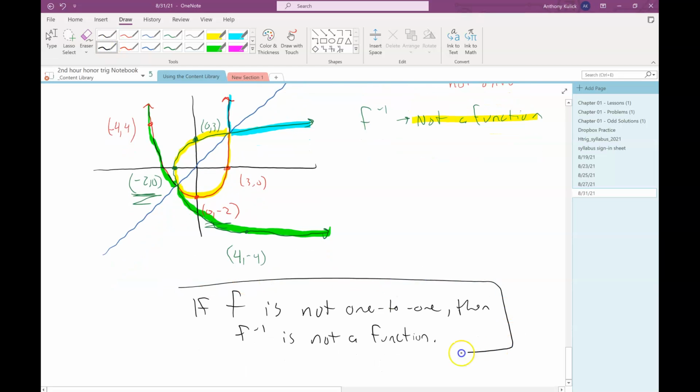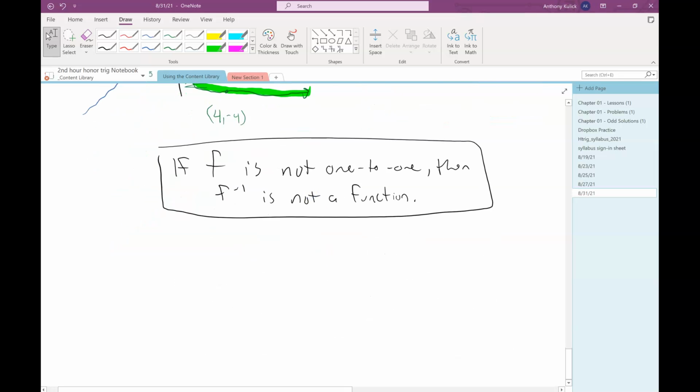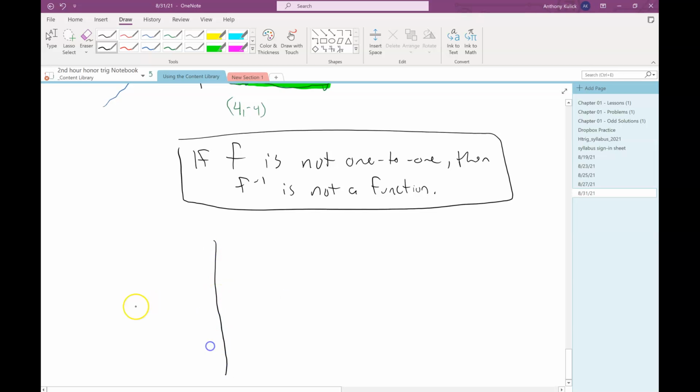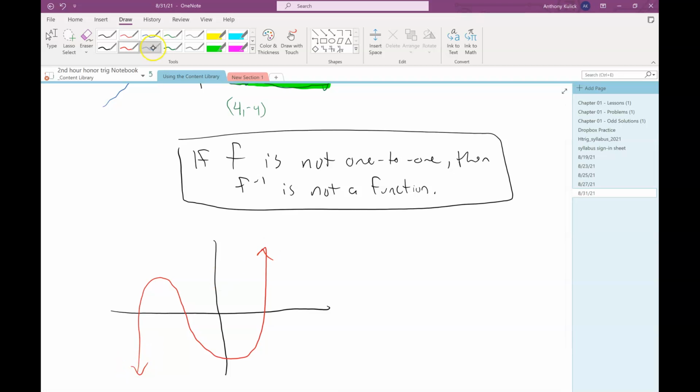So we have this. And visually, if I'm looking at a function, what's the easiest way to tell if that function is one-to-one? If you remember, to check if something's a function, we use a vertical line test. That vertical line test is basically just checking for repeated x's.